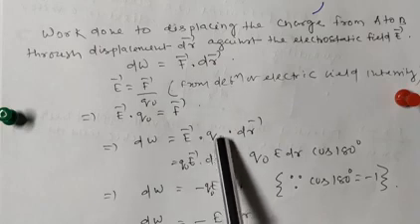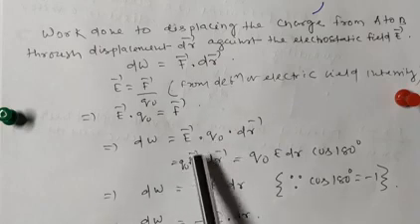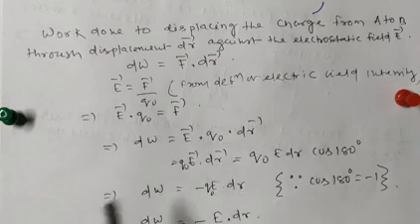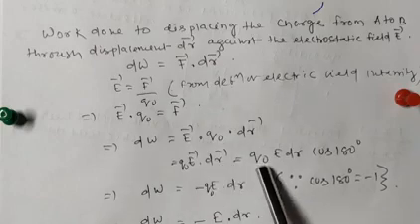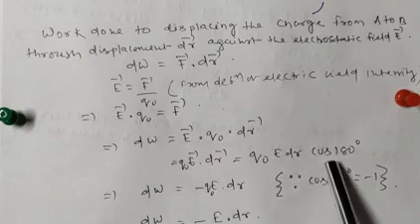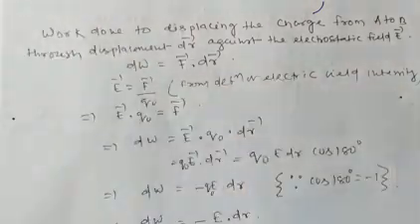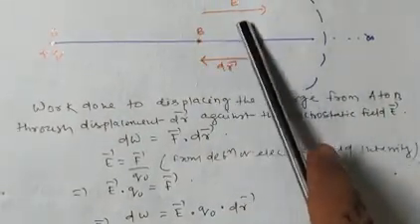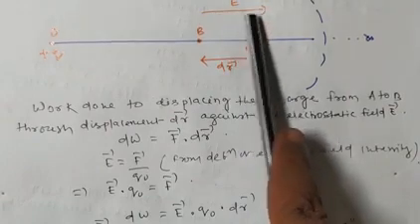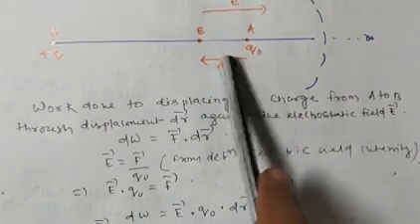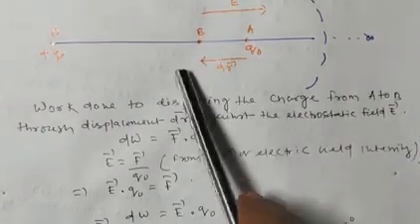Q is a scalar, so dW equal to Q times E vector dot dr vector, which gives Q E dr into cos 180 degree. Cos 180 degree because the electric field is along this direction, whereas the displacement is along this direction.